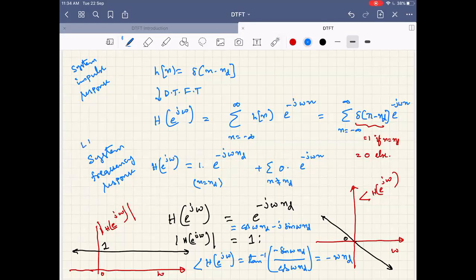LTI system. That's why we are able to characterize it completely by its impulse response and frequency response. So here it is referred to as a linear phase system, a system with linear phase.